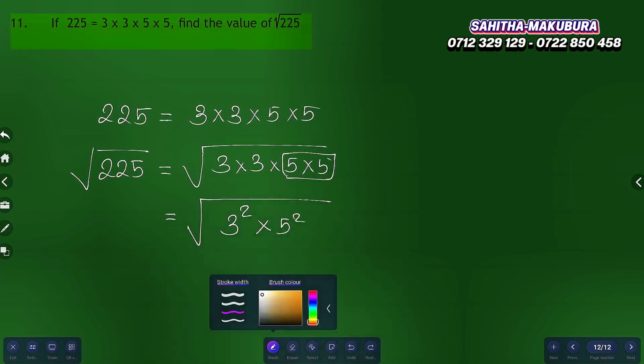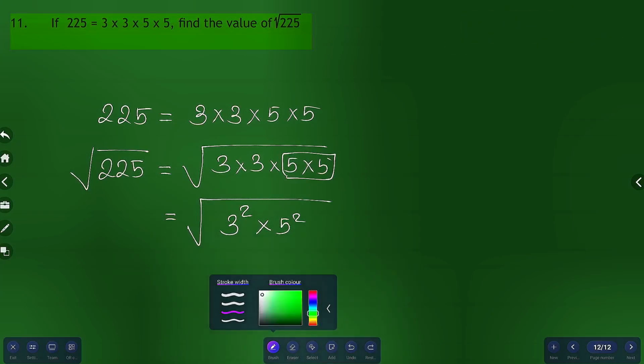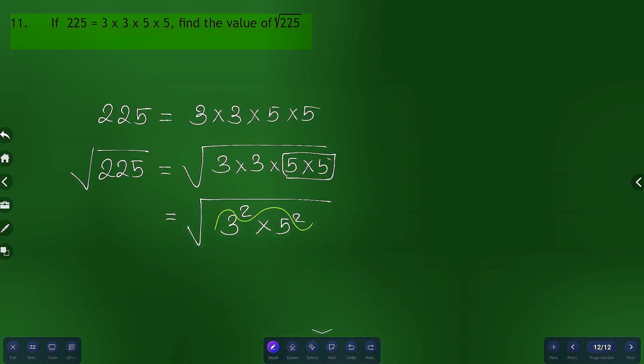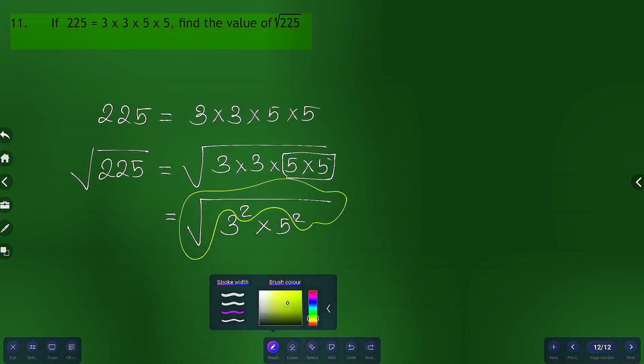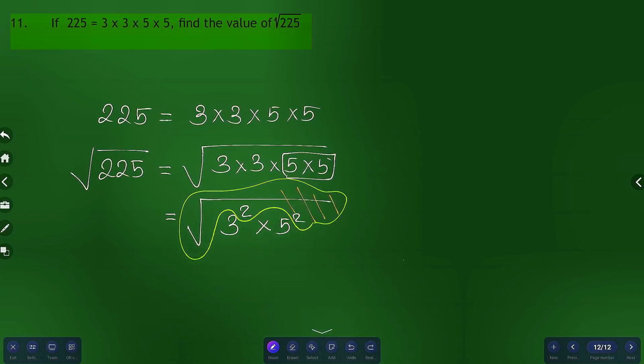Now what happens when you consider the square root along with this second power? The square root symbol is also removed along with the second power. So what you will have in the answer is 3 and 5. So 3 times 5 gives you the answer.